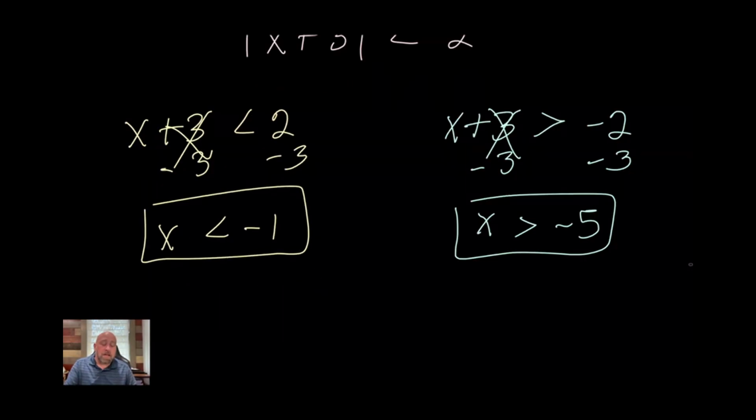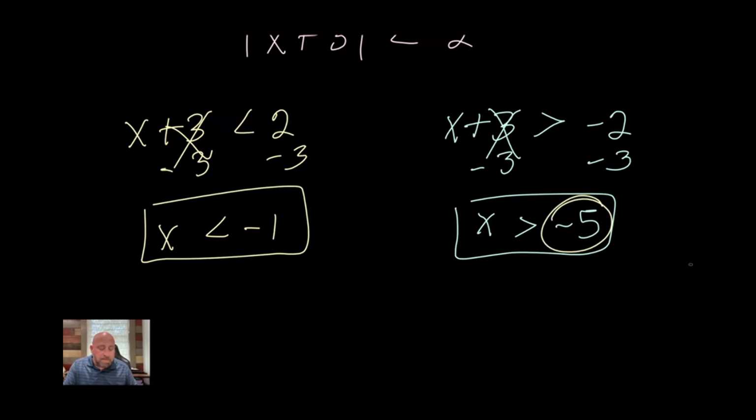Now they might tell you that they want your answer with the x in the middle. Okay, so like a compound inequality here. So what could we do to get that x in the middle? Well, this is a little bit challenging right here, because notice on this one our x is on the left, and on this one our x is on the left. So what you have to do to these is you actually have to switch, and you do start with the smallest number.